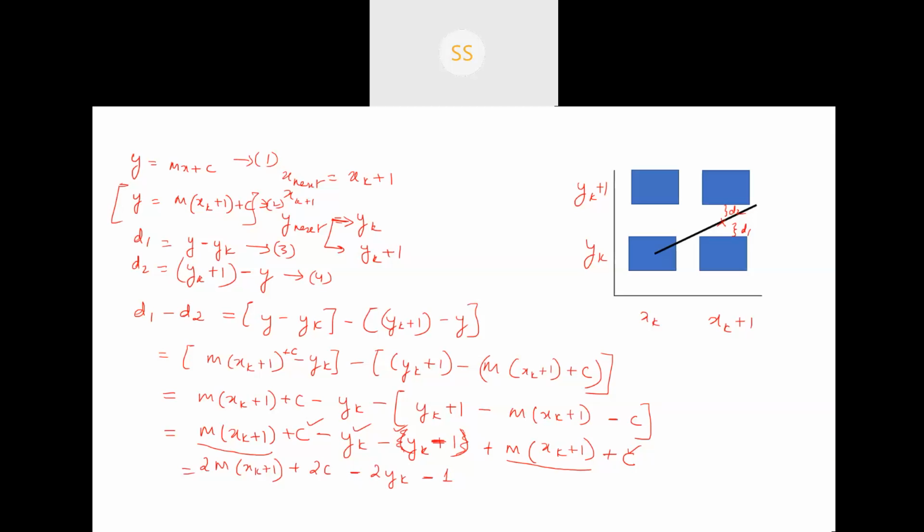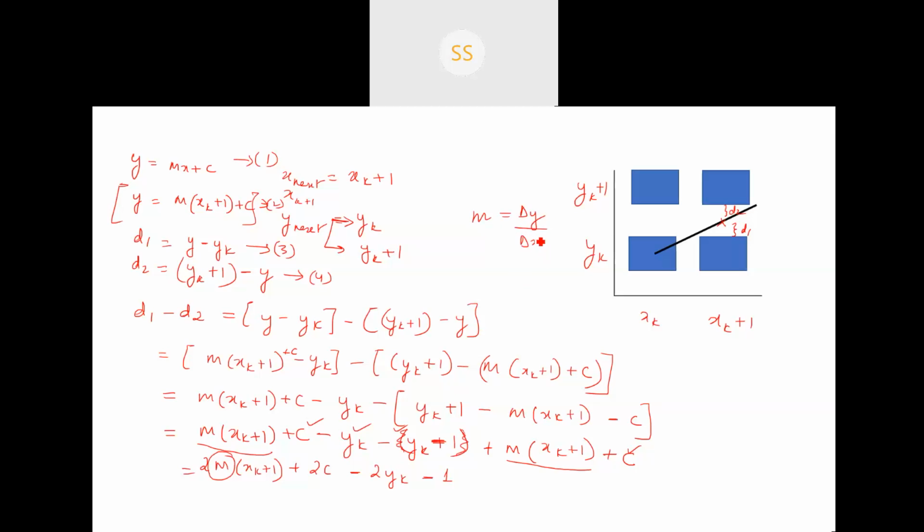Now once I've got this equation, I hope everybody has seen it. In this equation there is a problem. What is the problem? The problem is my m. Always remember what is m. M is the difference between the y values divided by the difference between the x coordinate values.